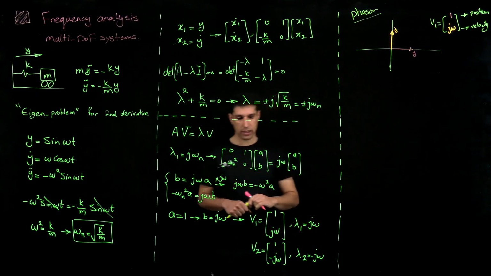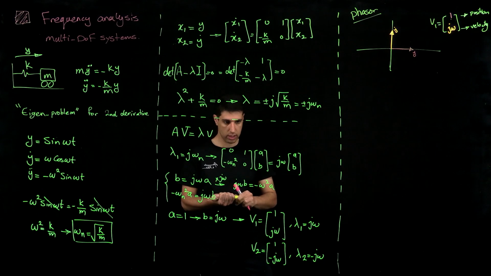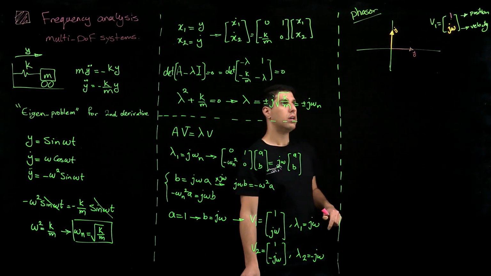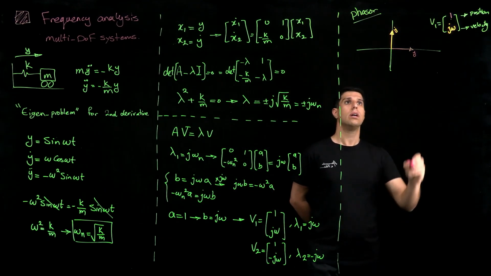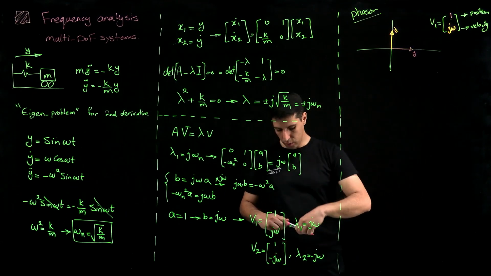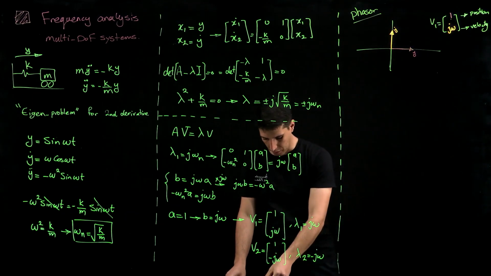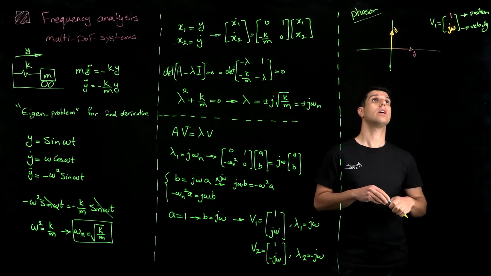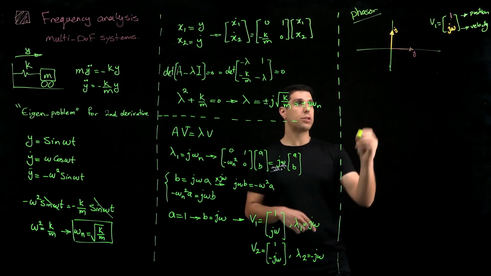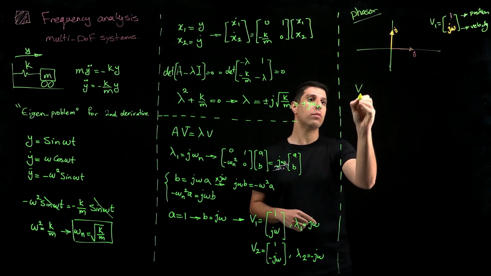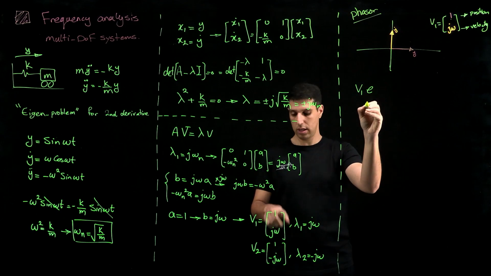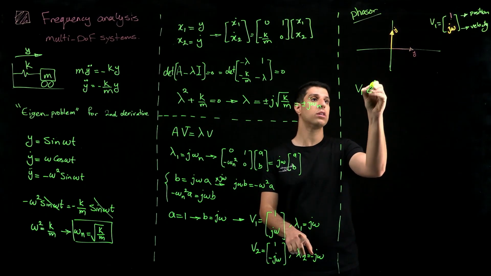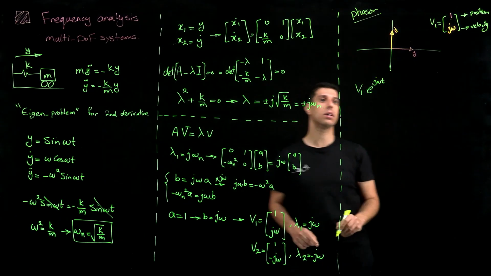And what happens is, as time goes on, the response is going to be V1 times e to the lambda 1, j omega t.